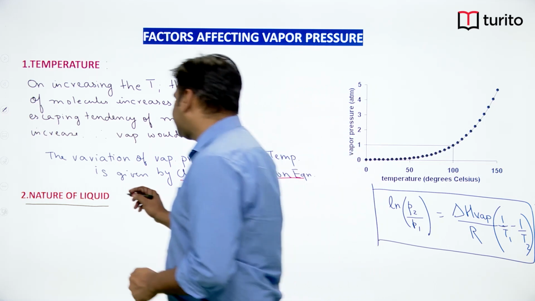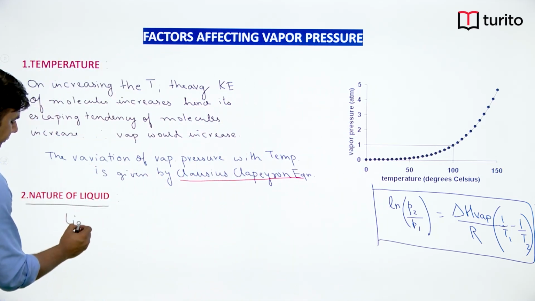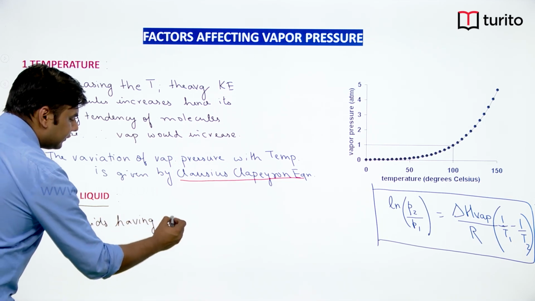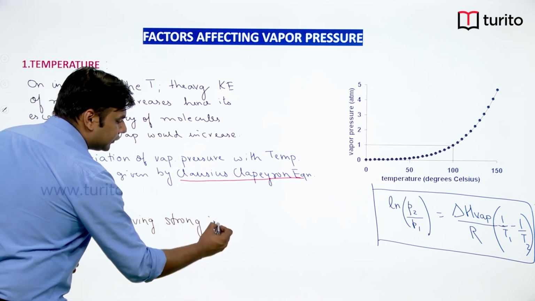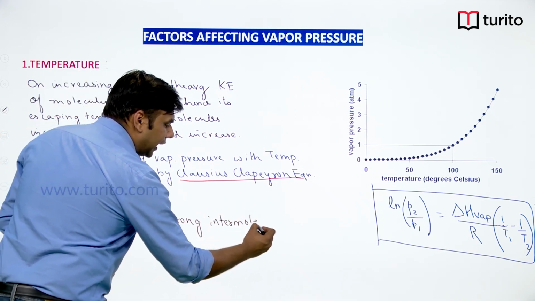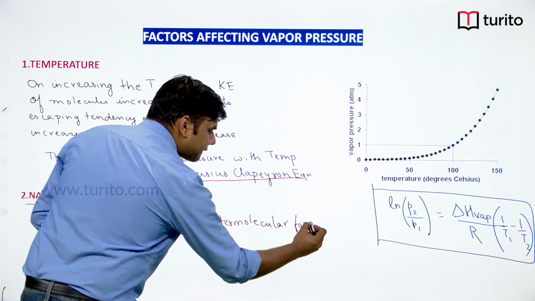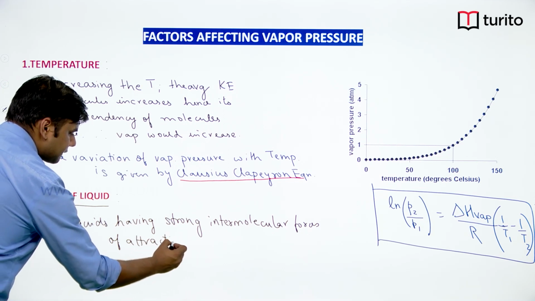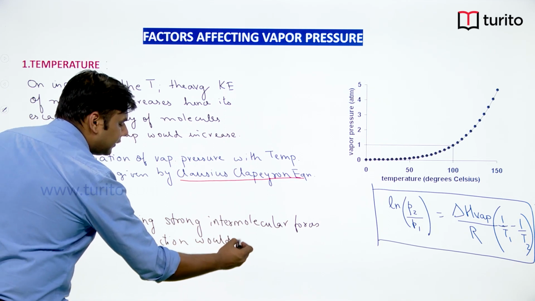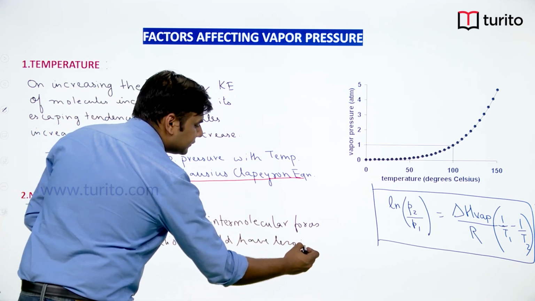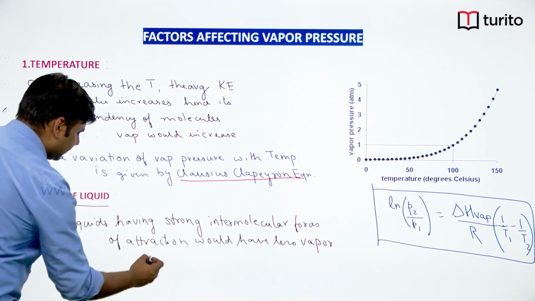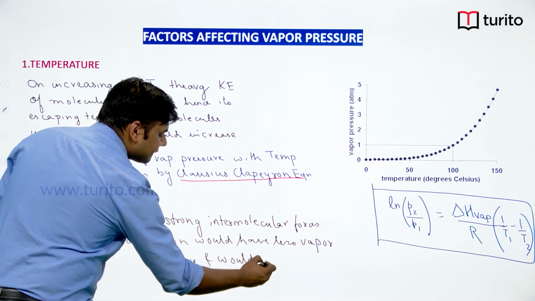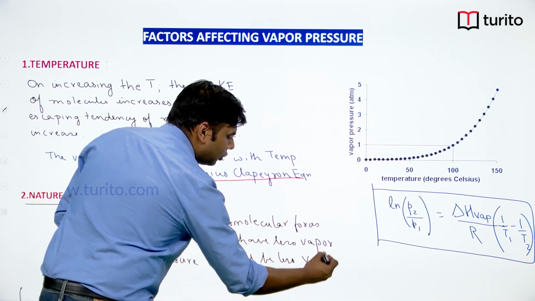So we say that liquids having strong intermolecular forces of attraction would have less vapor pressure, and would be less volatile. Hope this is clear to everyone.